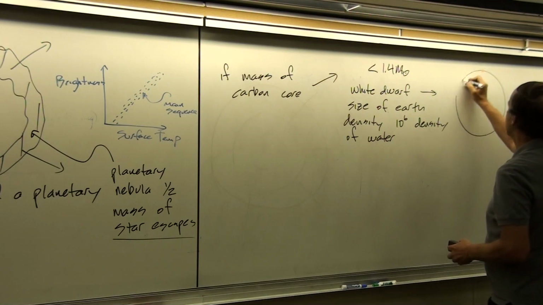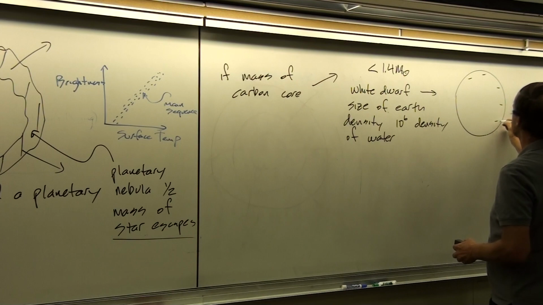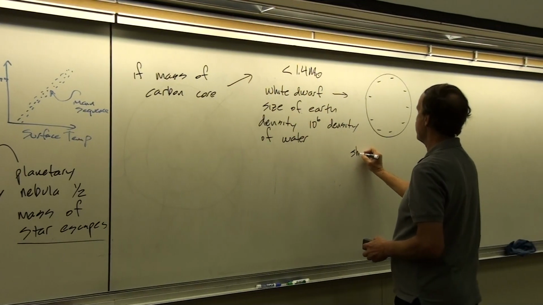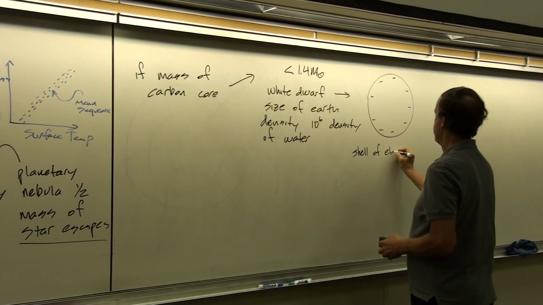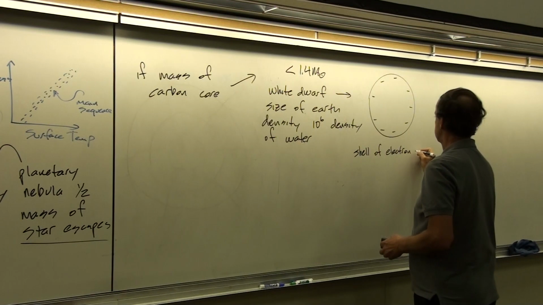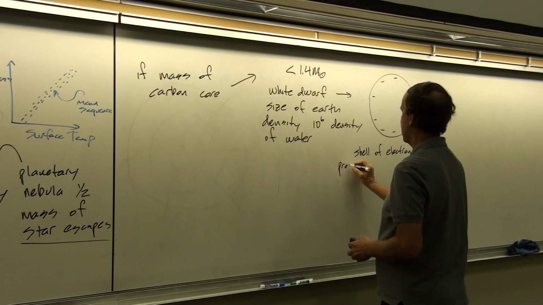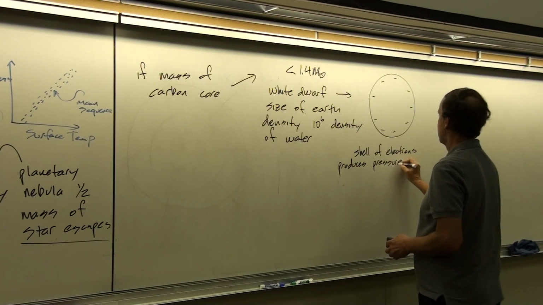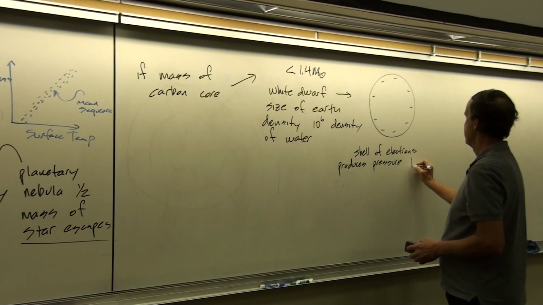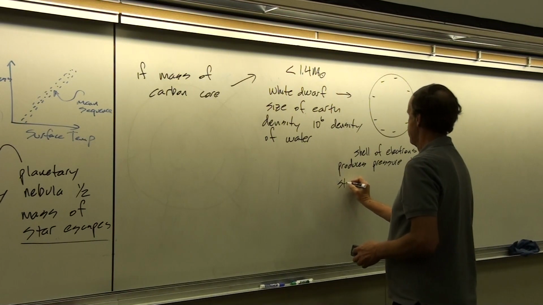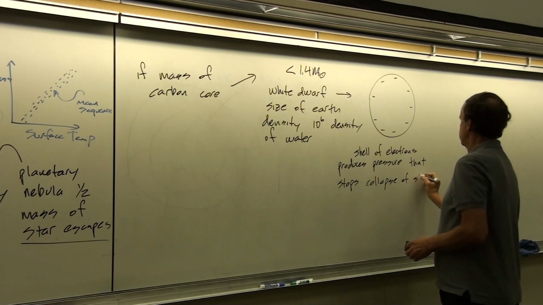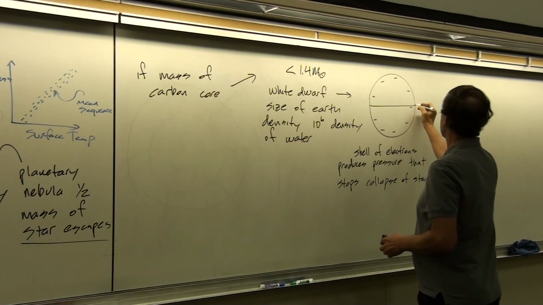And so this is what we talked about last time. You can double check the last lecture, but we have a shell of electron pressure that stops the collapse of the star, because all of the electrons repel each other, when it reaches about the size of the Earth.